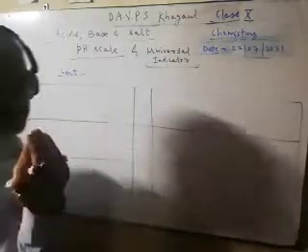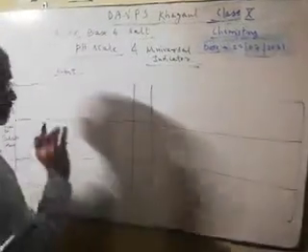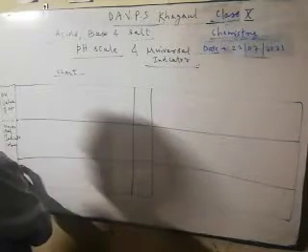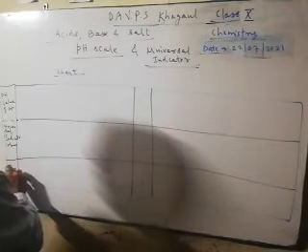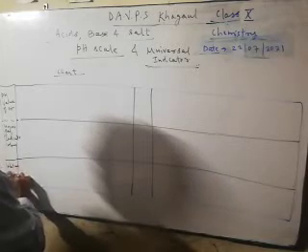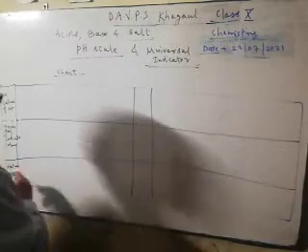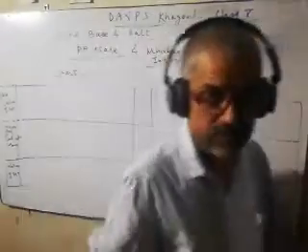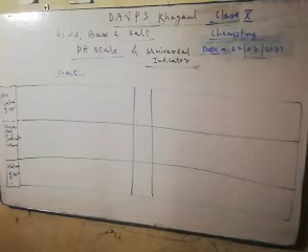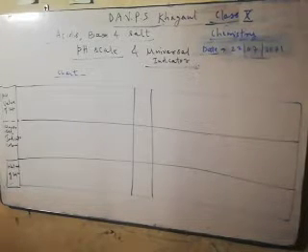It is a paper, litmus paper type. But it is made with a mixture of dyes, a combination of dyes. And nature of solution, which means either acidic solution, basic solution, or neutral solution. Okay, so 3 columns we are making.